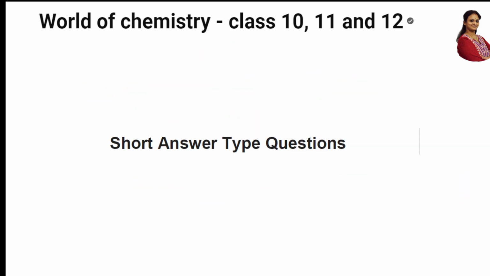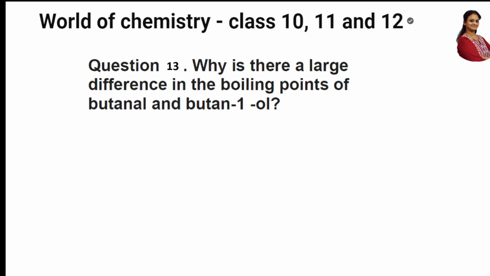Next question. Short answer type question. Now after the MCQs, I'm going to the short answer questions. Let us see how we will answer the short answer question. Why is there a large difference in boiling points of butanal and butanol?